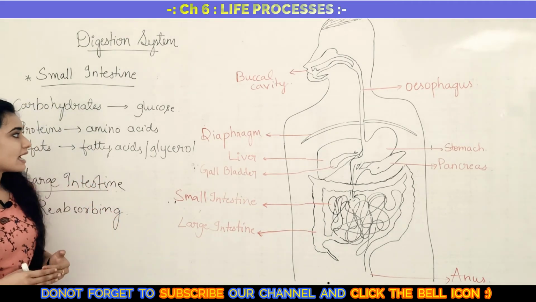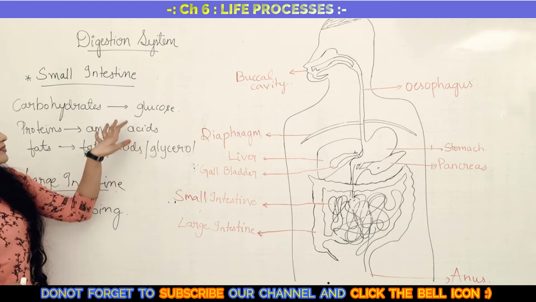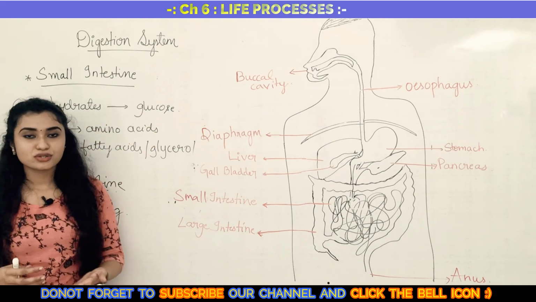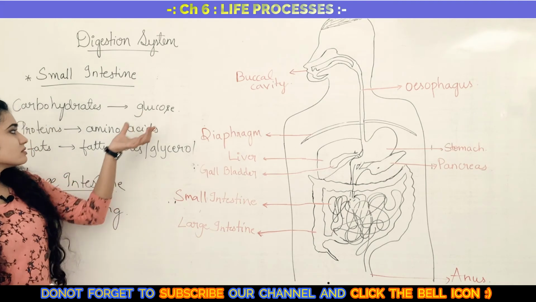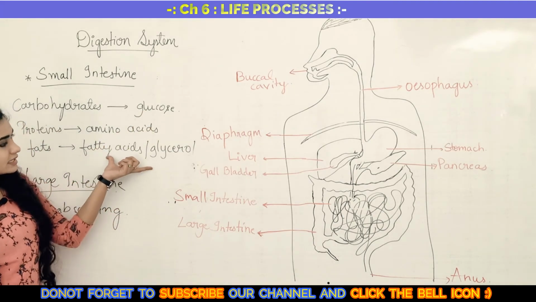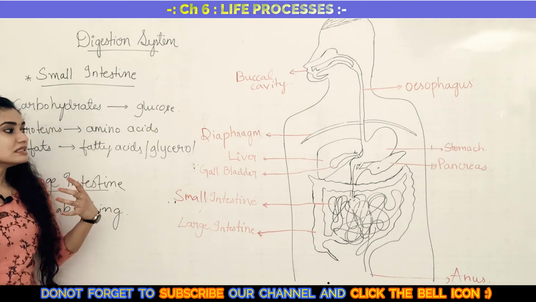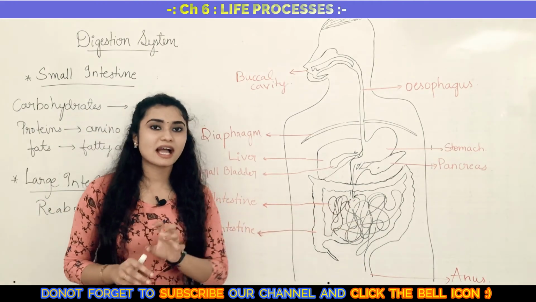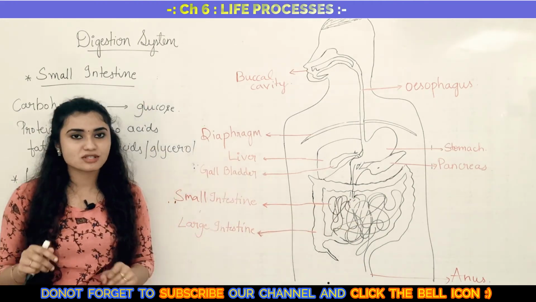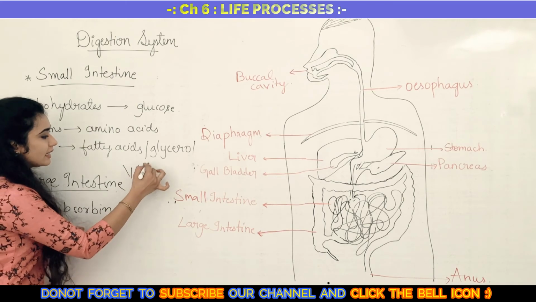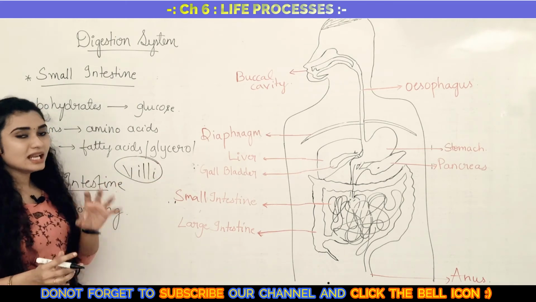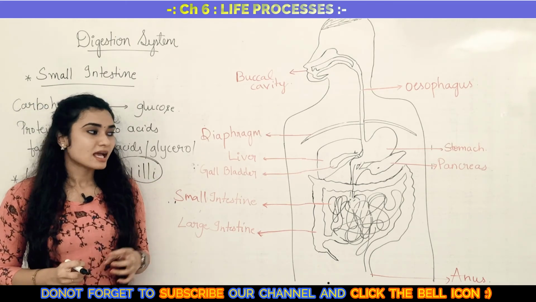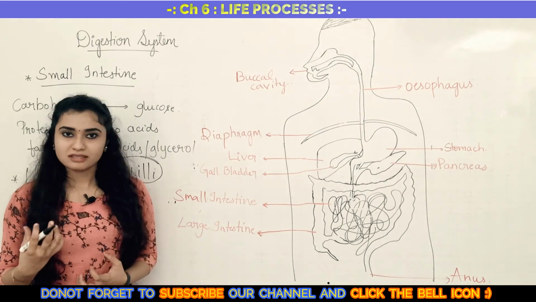Okay, so next what happens after the conversion of food particles into glucose, amino acids and fatty acids or glycerol, the intestinal walls, which have got a finger like projections called as villi, okay, will absorb the nutrients and it will be mixing up with the blood.